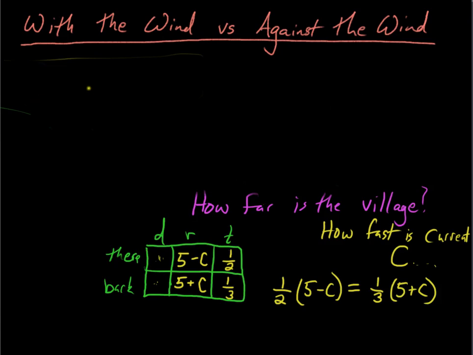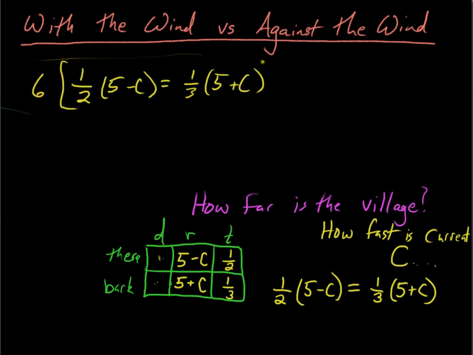So we've got 1/2 times 5 minus C is a third times 5 plus C. Easiest thing to do is get rid of the fractions first. So I'm going to multiply the whole thing by 6. On this side I'll have 3 times 5 minus C, which is 15 minus 3C. On this side I'll have 2 times 5 plus C, which is 10 plus 2C.